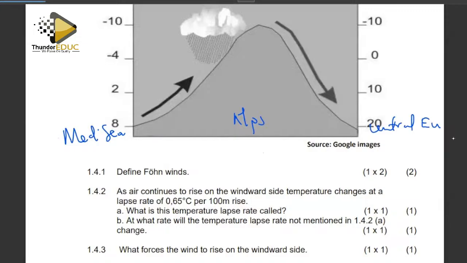is this air is going to rise here and is going to cool at a dry adiabatic lapse rate. And when it reaches, this is the dry adiabatic lapse rate. And as the air continues, this rate is 1 degree Celsius for every 100 meters.